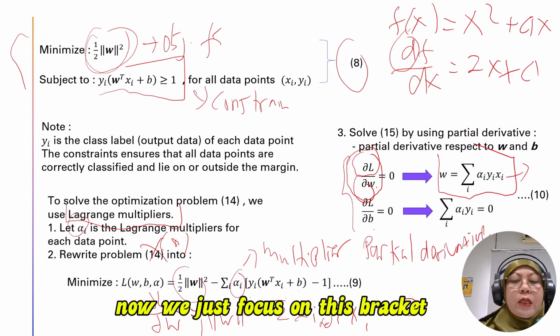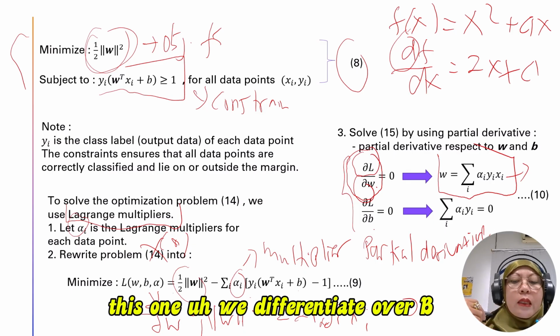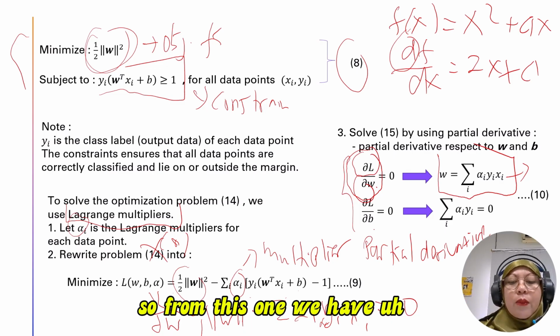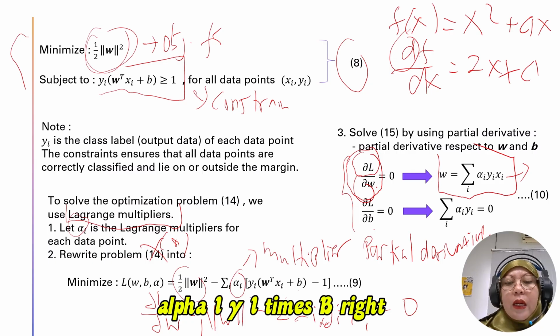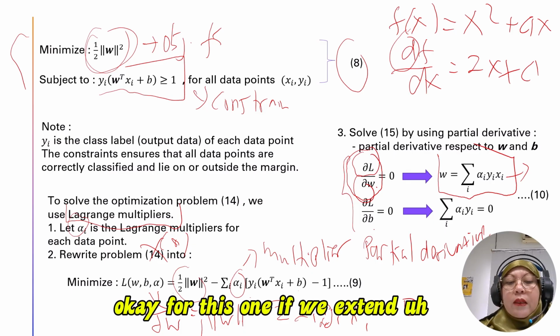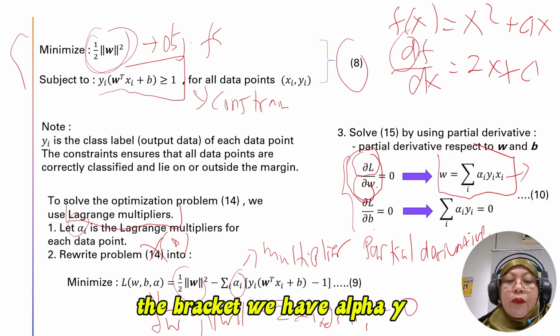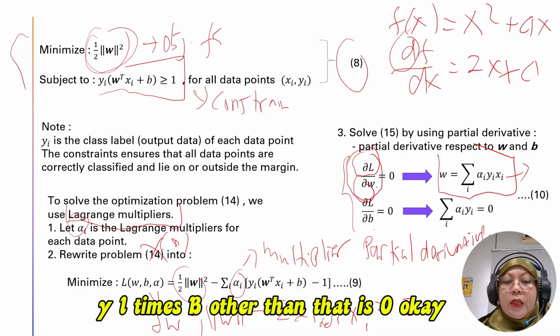Now we just focus on this bracket, because we differentiate over b. From this one we have alpha i yi times b. If we expand the bracket, we have alpha i yi times b. Other than that is 0.